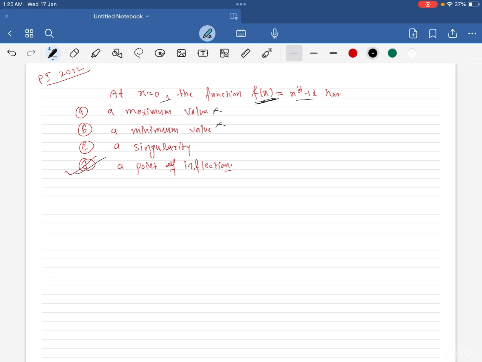And now that x is equal to 0, you will pick any point with x less than 0, and you will find that you get a negative value. And for greater than x and for less than x, you are going to get the change in sign, so that you can call the point of inflection.